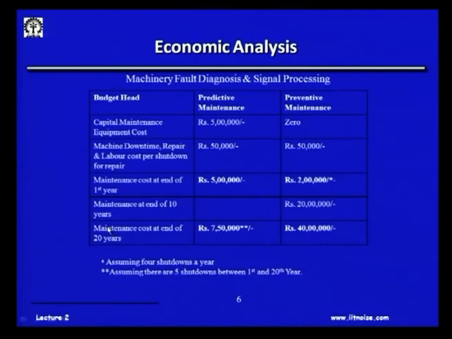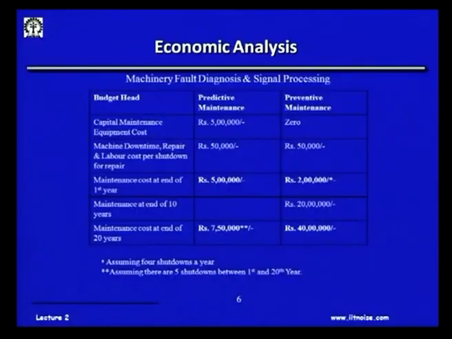And usually, at the end of 20 years, there are only 5 shutdowns because of maintenance, since we are doing predictive maintenance, the number of shutdowns will be less. And this is not data which I have cooked up. This is data from survey reports given by industries in many journals, and this is a compilation of such.